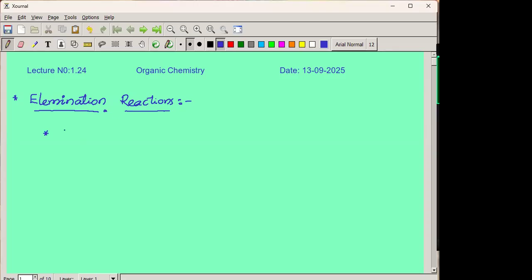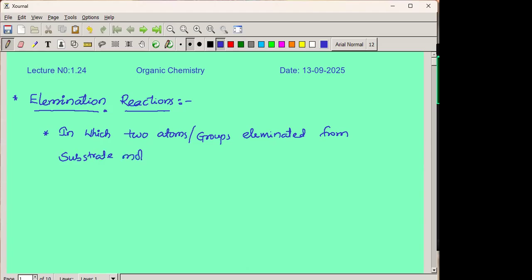Elimination reactions are those in which two atoms or groups are eliminated from the substrate or reactant.